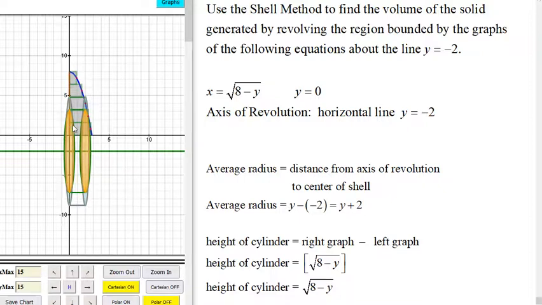The height of the cylinder would be just the graph minus the y-axis. So the graph is x equal to the square root of 8 minus y, and this is the line x equal to 0.